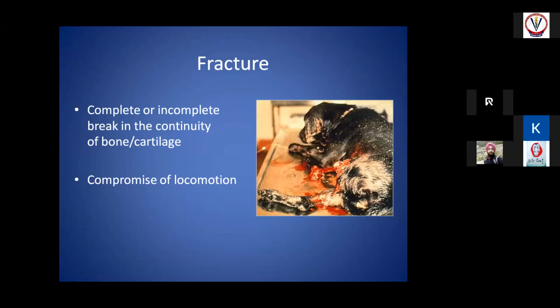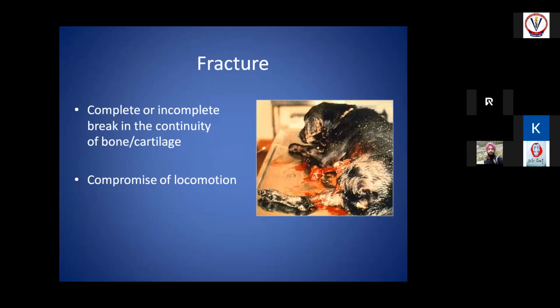And as a veterinarian or as an orthopedician, the primary goal in treating the fracture patient should be to make the animal ambulate at a near normal anatomical position and a near normal physiological condition, so that the animal walks on its four limbs as early as possible.